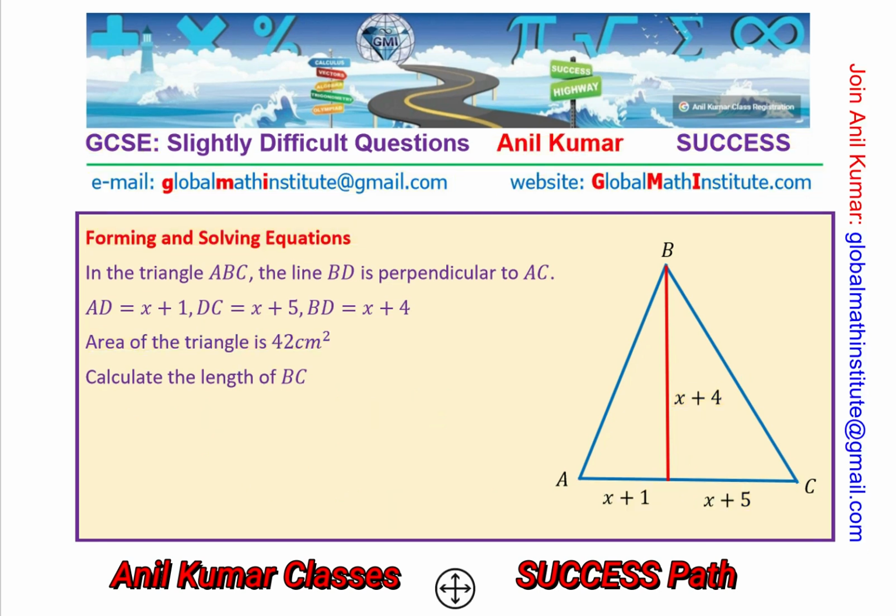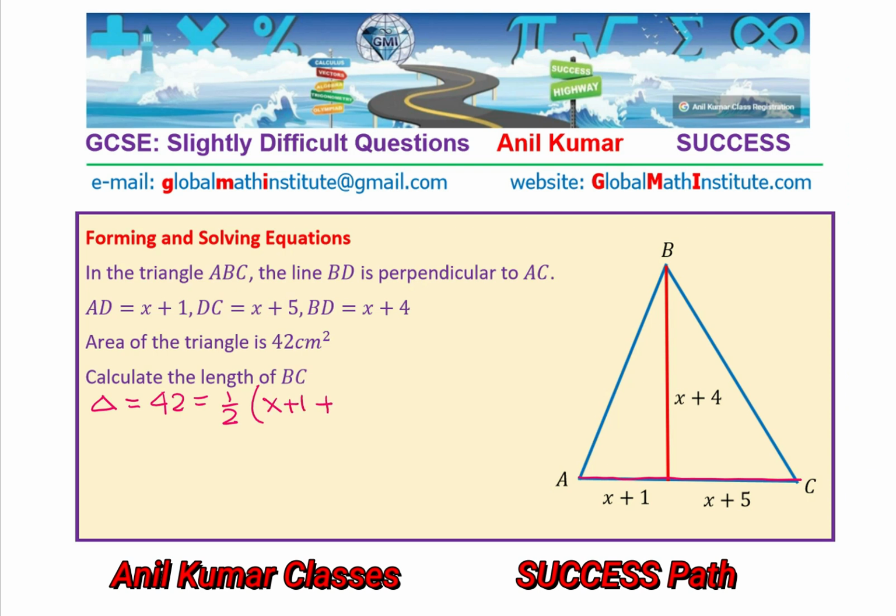So now let's begin with what we had decided. That is, the area is 42. So the area of the triangle is given to us as 42, which is half of AC. So this dimension AC is x plus 1 plus x plus 5, times x plus 4, which is the height or the altitude.